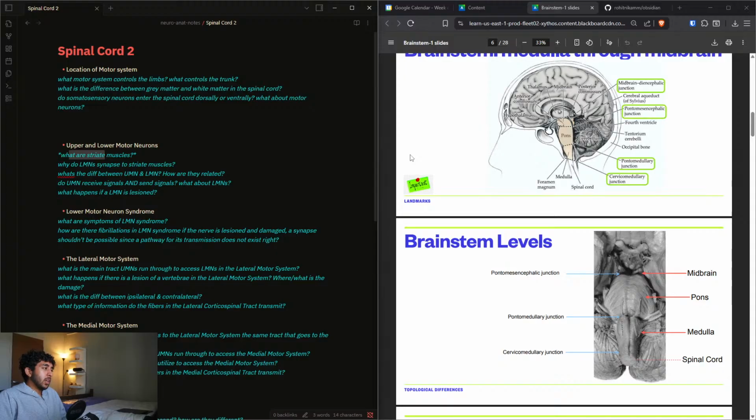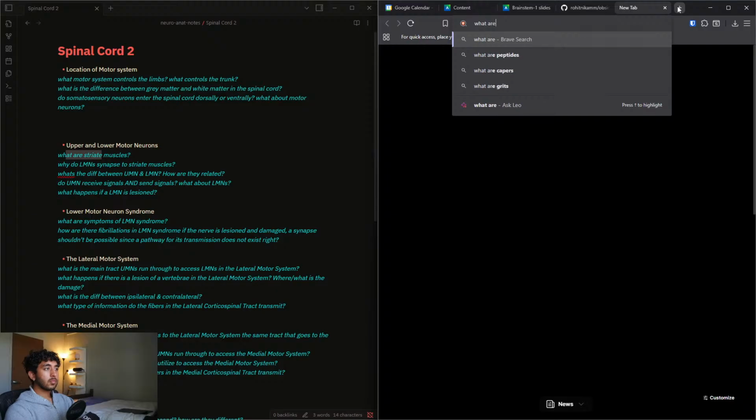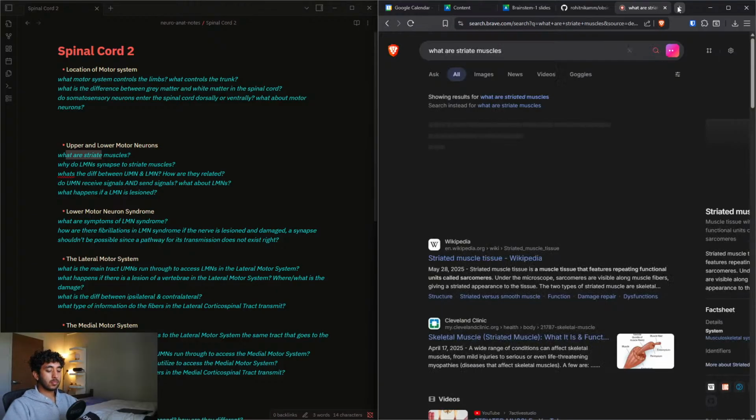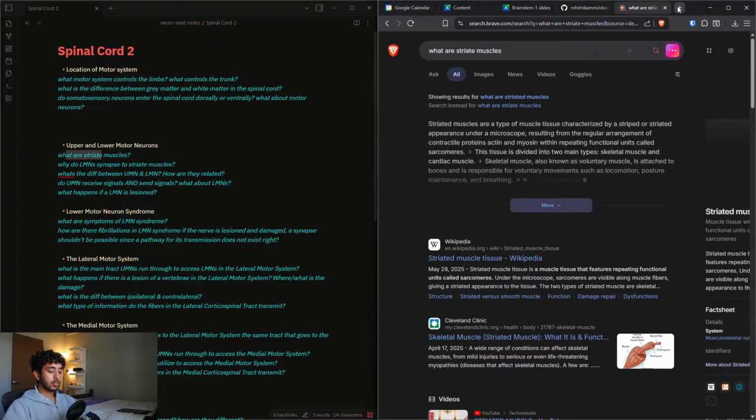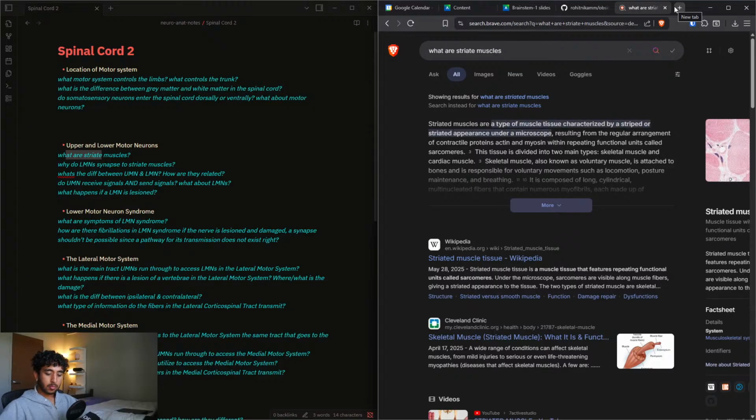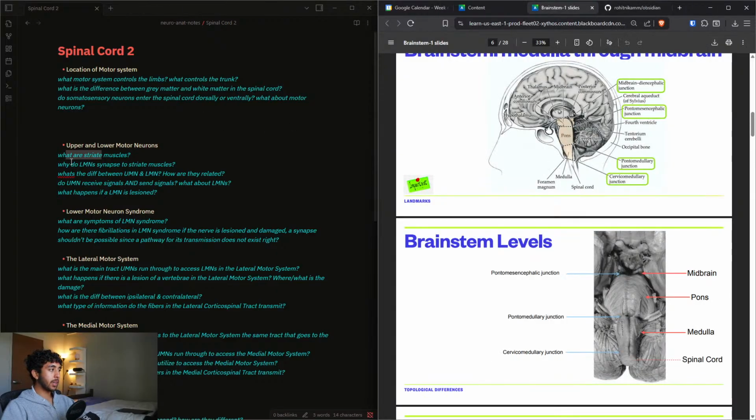It's based off the way they look, because they look like they have striations. Yeah, striped. Okay, so I was right. They have striations under a microscope.